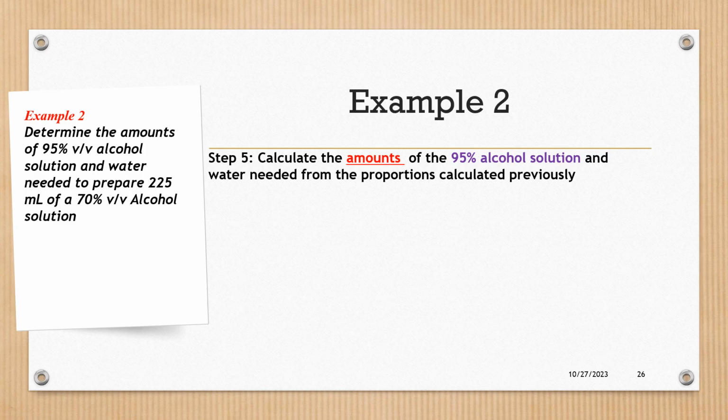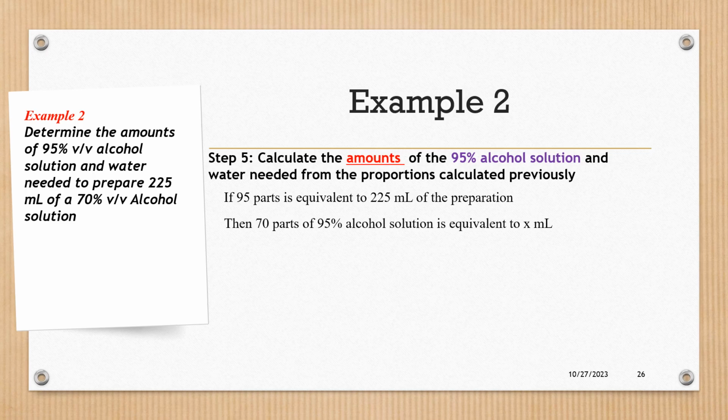Now we'll calculate the amounts here, again still using the proportion. So for our 95 parts being equal to our 225 mL, in terms of what we calculated earlier, 70 parts of our 95%, once you set up that proportion for it, so 70 out of the 95 multiplied by 225 mL, and that will give you the number of mL of 95% alcohol that should be added to the mixture.